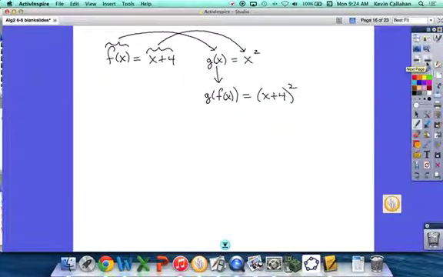So for example, let's say we have f of x equals x plus 4, g of x equals x squared. If I put the f of x into the g of x, this is what it looks like. It's like you're taking this x plus 4 and you're putting it in the place of x in the other function. So what does that look like? It looks like x plus 4 squared, right? It's the f function squared. That's g of f of x.